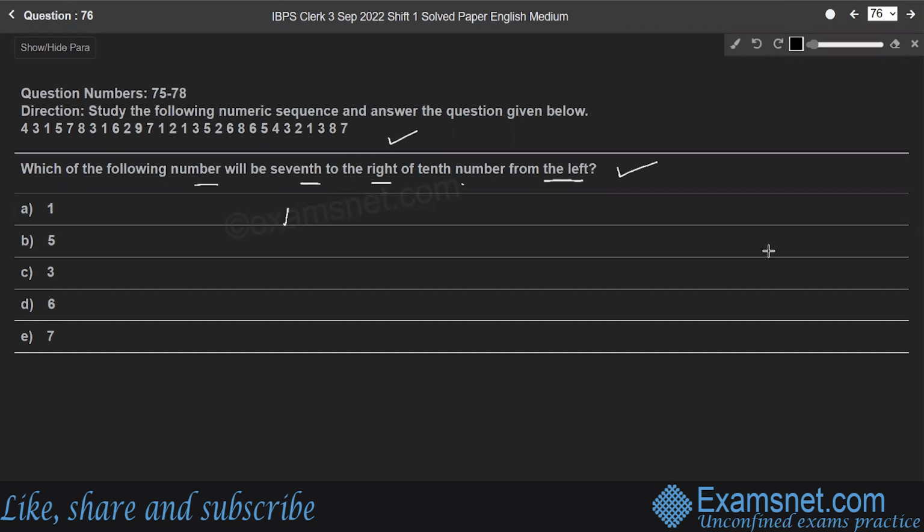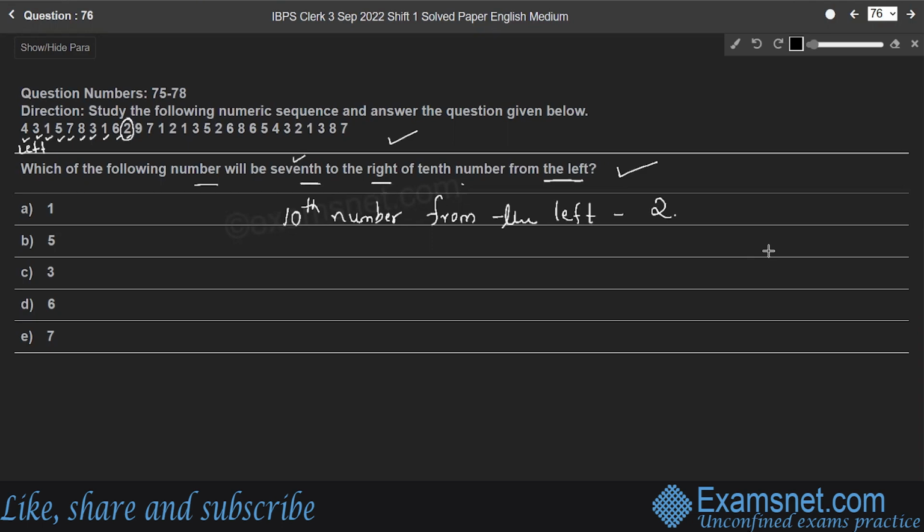So from the left in the given series, the first number is 4, second is 3, third is 1, fourth, fifth, sixth, seventh, eighth, ninth, 10th. So the 10th number is 2 here.